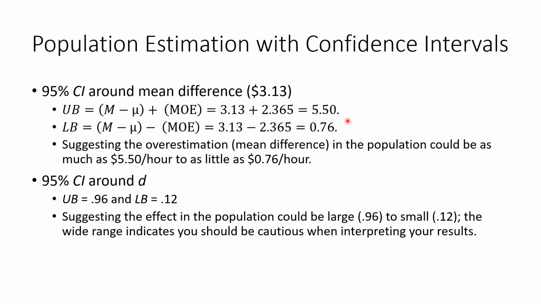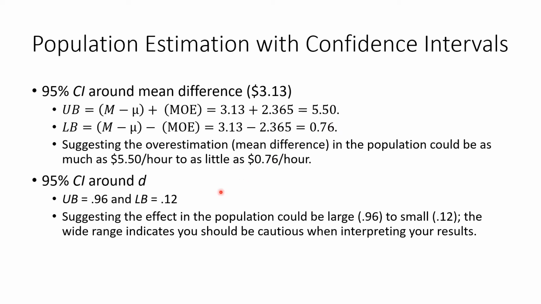If you multiply that times 40 hours a week, multiply that times 52 weeks a year, over a year you're going to be overestimating your yearly salary a fair amount. So even the smallest plausible value has practical importance here. So that's something you want to focus on. If the smallest probable value, the lower bound, still surpasses what you think is practically important, that's something you want to talk about.